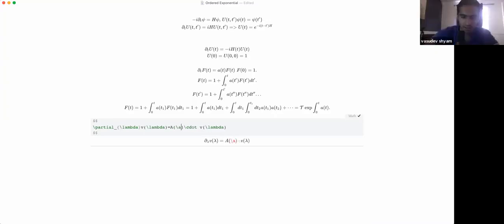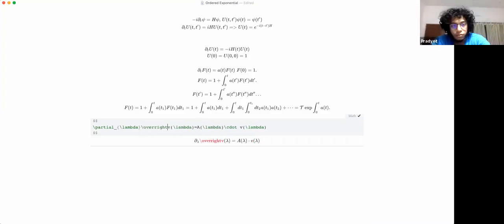And again, I have a sense of where V naught began, right? So here, okay, let me go a little bit more slowly. V here is a vector, right?